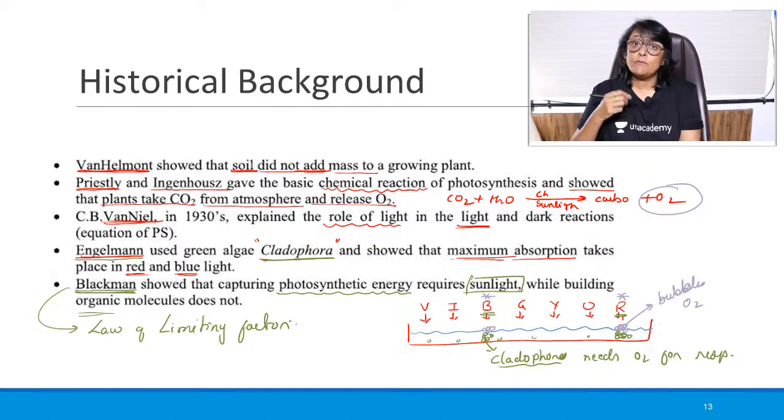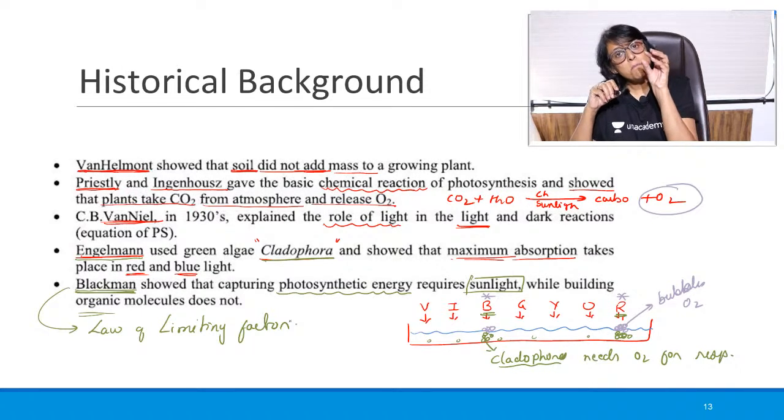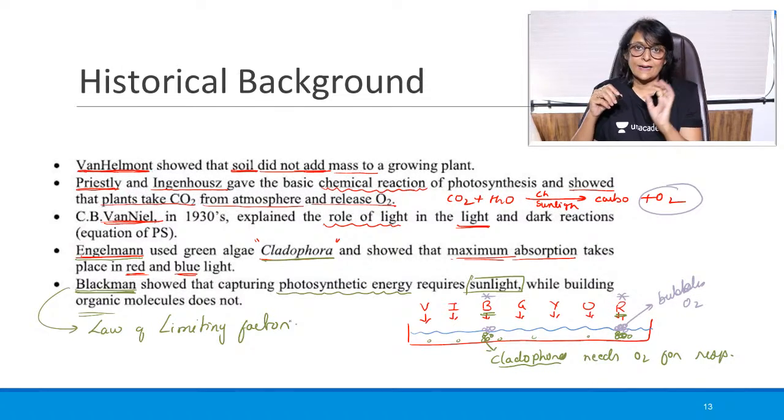And when we talk about photosynthesis, the rate of photosynthesis will be decided by the factor which is going to be in the minimum concentration. We will take that up a little later.